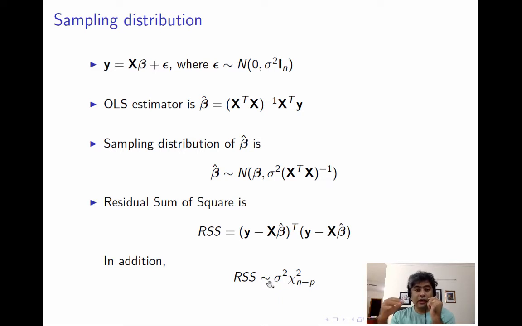This is the sampling distribution of the residual sum of squares, which can be used for statistical inference about sigma square.